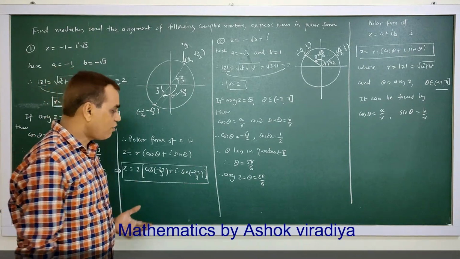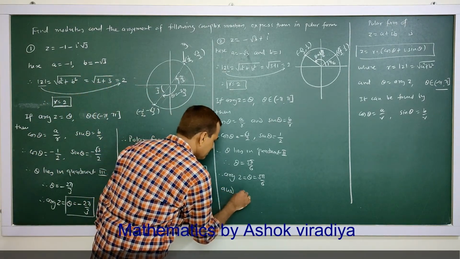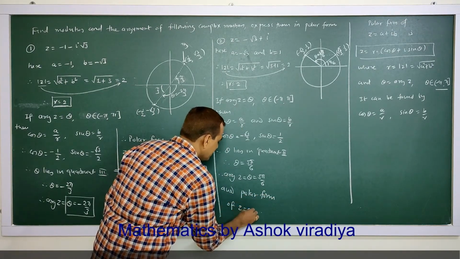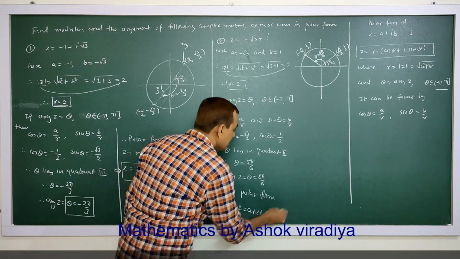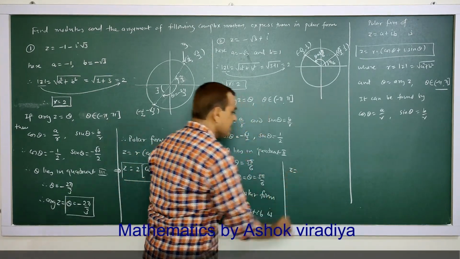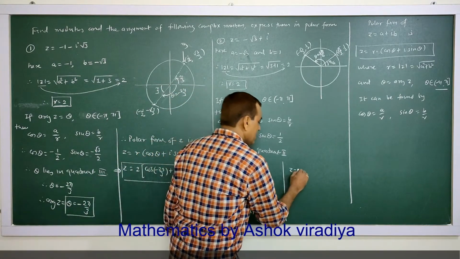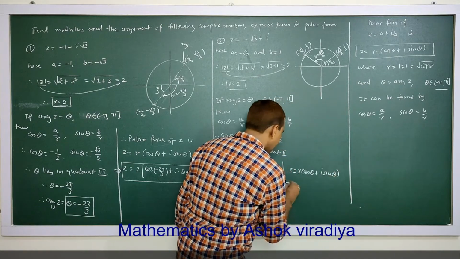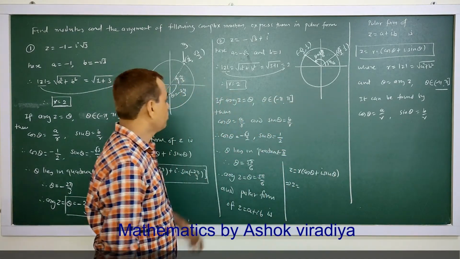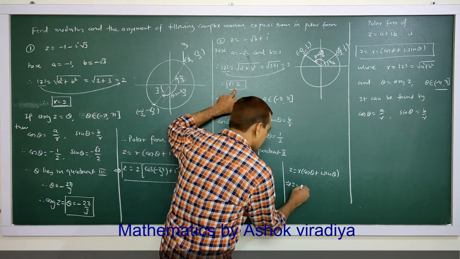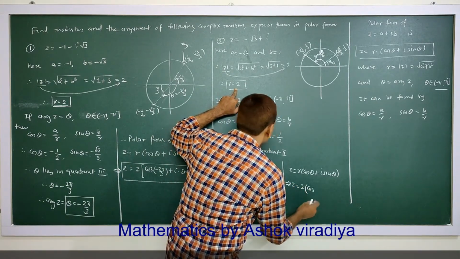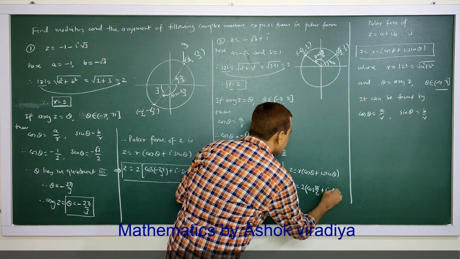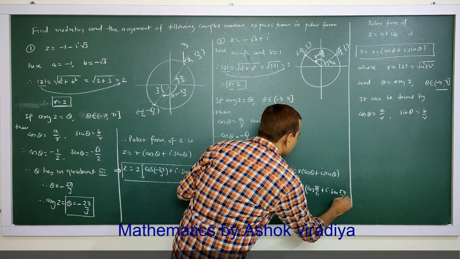And its polar form: the polar form of z equal to a plus ib is z equal to r into cos theta plus i sin theta, that is z equal to, r is 2, into cos of 5 pi by 6 plus i into sine of 5 pi by 6.